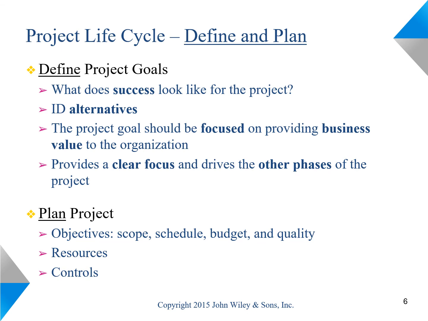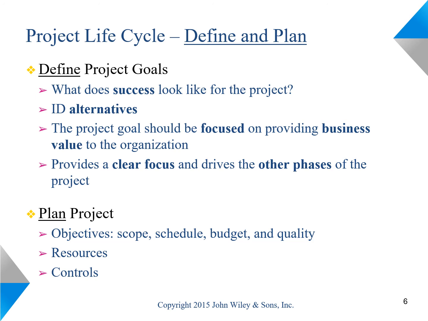Let's look at these phases in a bit more detail. The first phase is when we define what the business objectives are and what success looks like when the project is complete. It is important to clearly define the business value of the project, which will drive the focus of the rest of the project. Furthermore, in this phase, we identify the alternatives that would allow the organization to meet its goal.